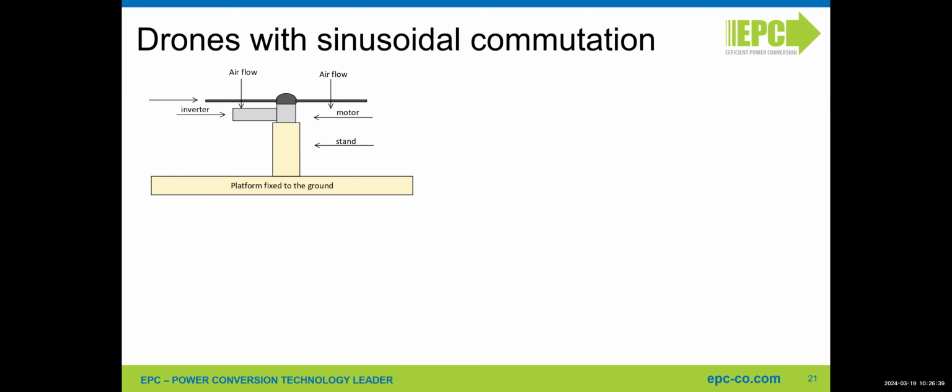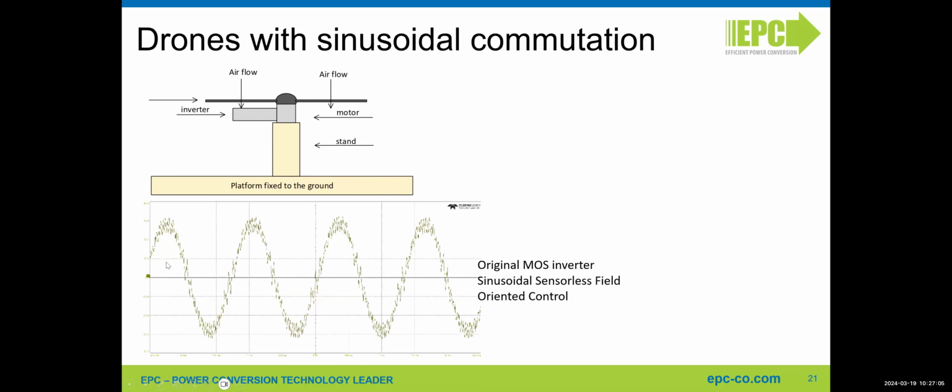Okay, but then we also tested against sinusoidal commutation, because sinusoidal commutation drones are out there, but usually they run at a very low frequency, like 15 or 16 kilohertz. Exactly the same stand, just a different motor and propeller. But again, we're talking about motors that are able to lift 30 kilos during the startup. And here you see the waveform of the original MOS inverter.